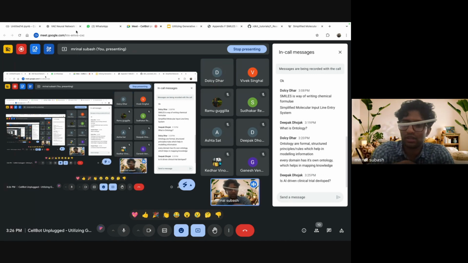Deepak asks, is AI-driven clinical trial developed? Like I said, it's in its nascent stages. You can't say that it's completely developed, which is why I was a bit hesitant when Dolce asked me if there are any LLM models.